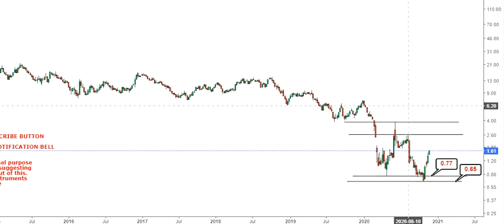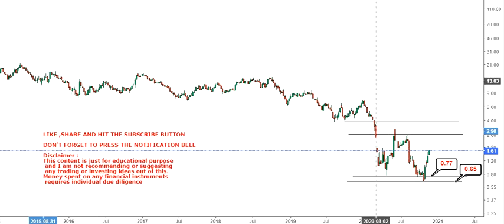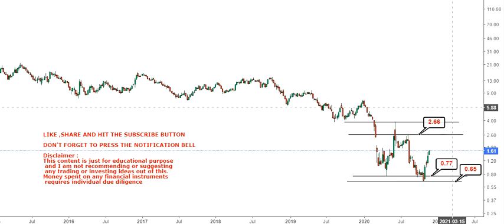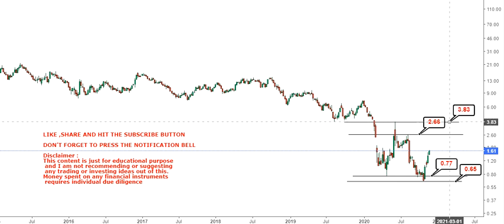You have your big support between 0.77 and 0.65 on the downside, and if the stock falls below 0.65, then one should not carry or hold any position. On the upside, you will have your first target at $2.66, and 3.83 where the stock recently visited and fell down.